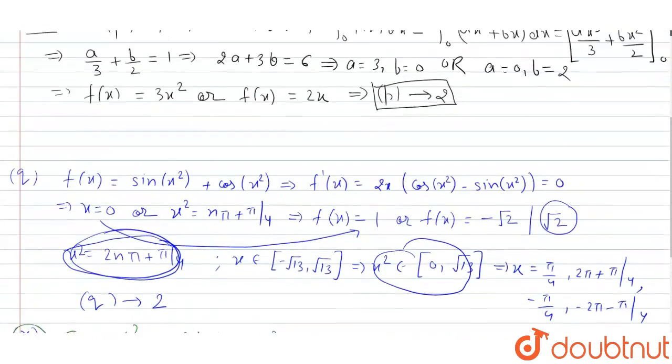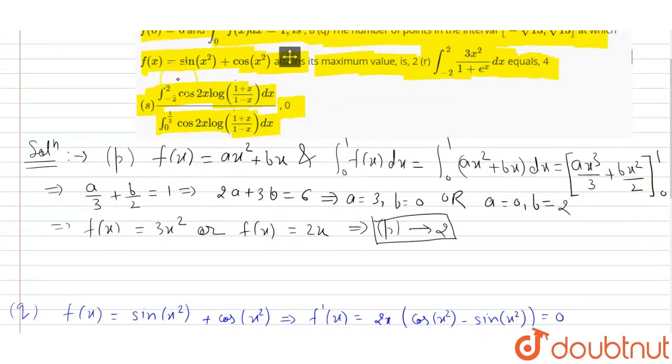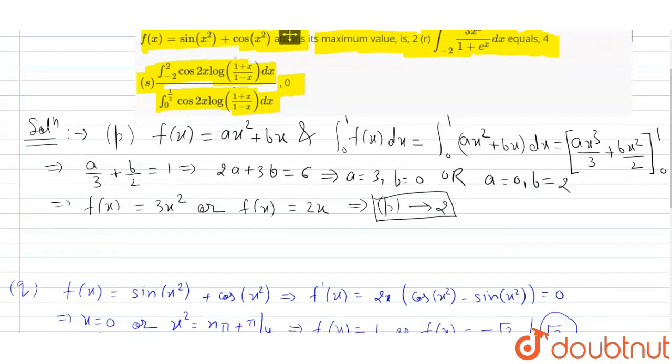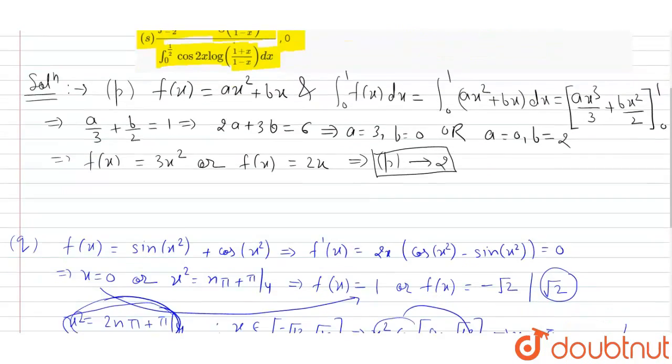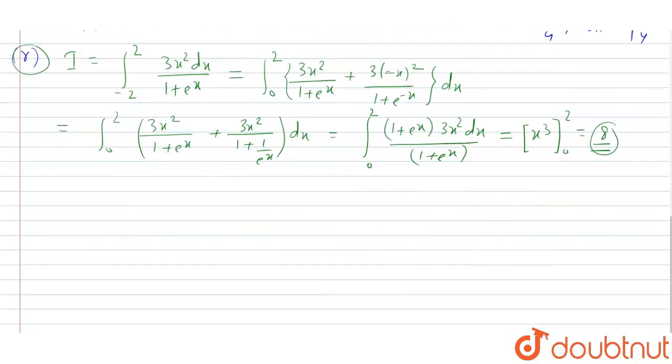Let us try to solve the last entry of column 1, the integral from minus 2 to 2 of cos 2x log((1 plus x)/(1 minus x)) dx upon the integral from 0 to half of cos 2x into log((1 plus x)/(1 minus x)) dx. So minus 2 to 2, let us try to solve this.